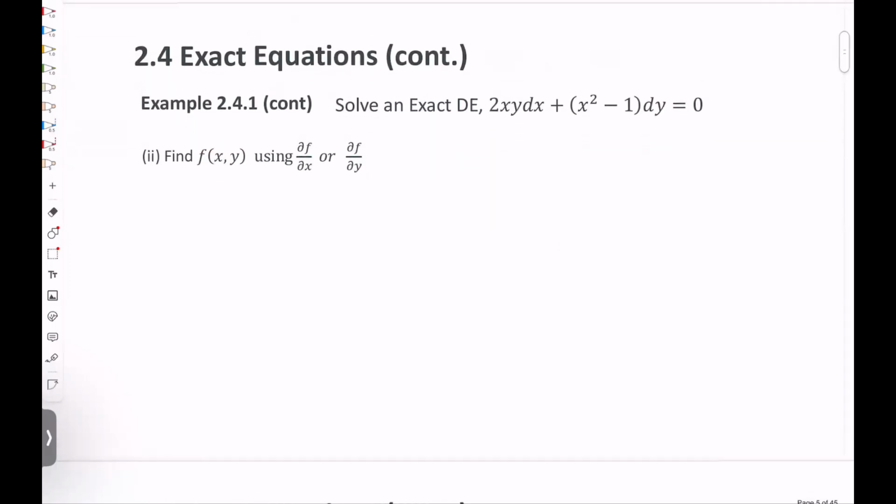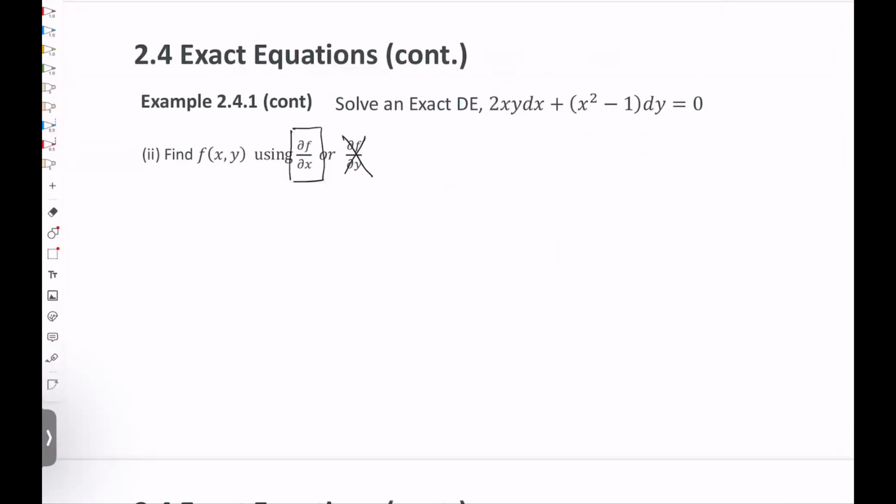Step number 2, find f(x,y) using the partial derivative in terms of x. That means we're going to say it equals M, and we said M equals what? 2xy. So from here, we need to find f, so we need to take the integral in terms of x.